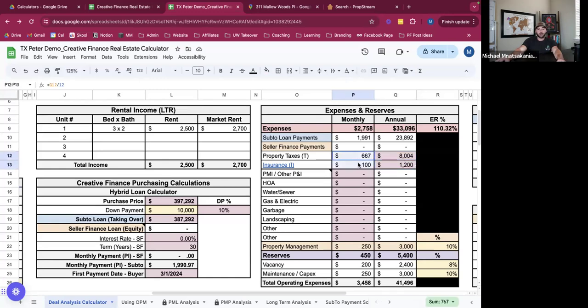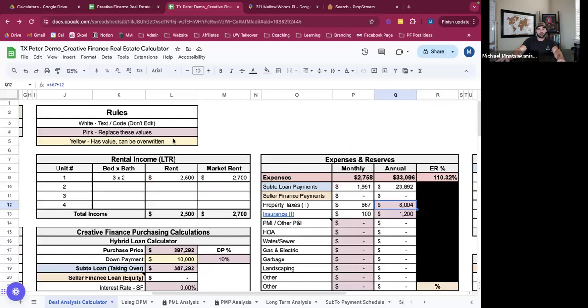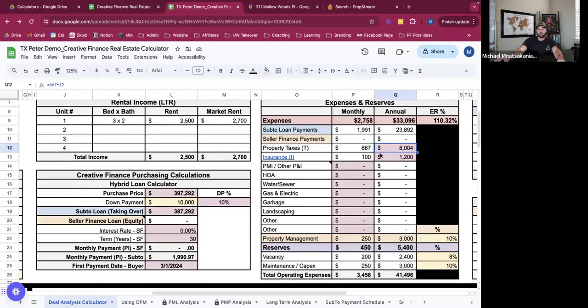So you could put the monthly amounts here and then multiply by 12, or you can just put it in the code you submit in the calculator, right? You're going to replace the pink values. So you can put 667 times 12 as a code there, and then it'll just divide by 12 here. Or you can just put 667 manually and overwrite this, but you still want to make sure this times 12 is the value.